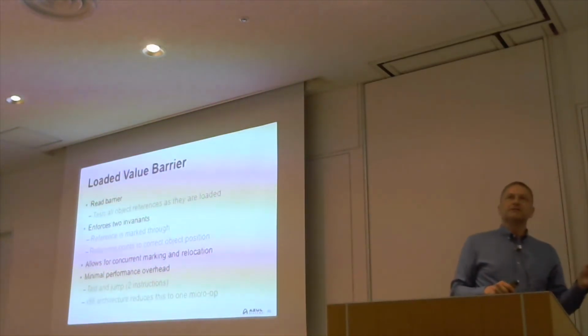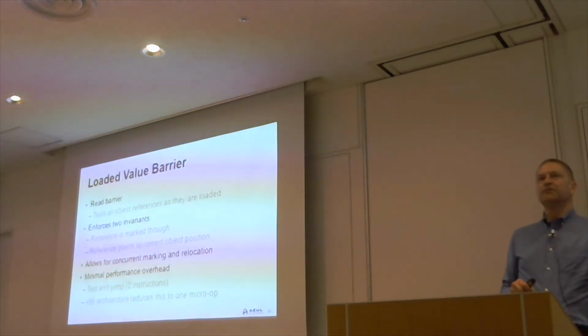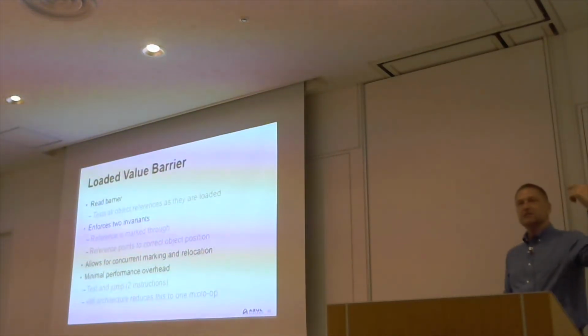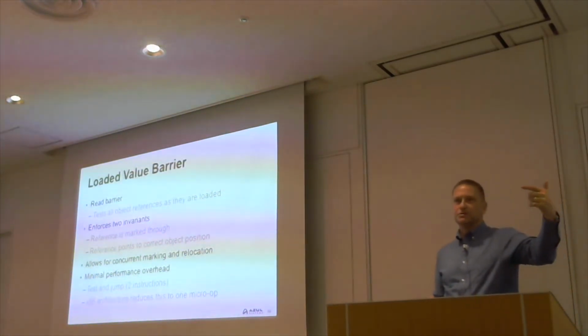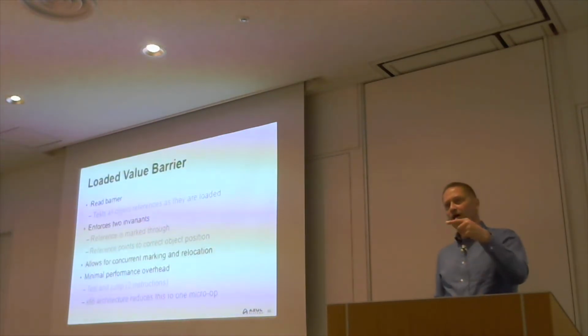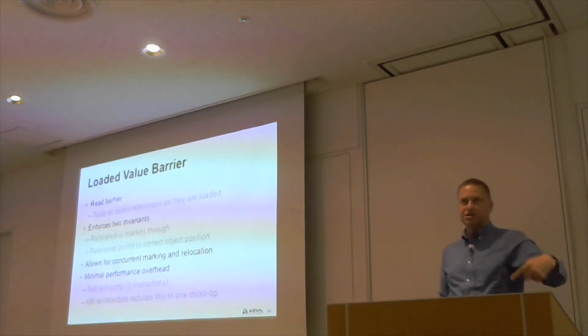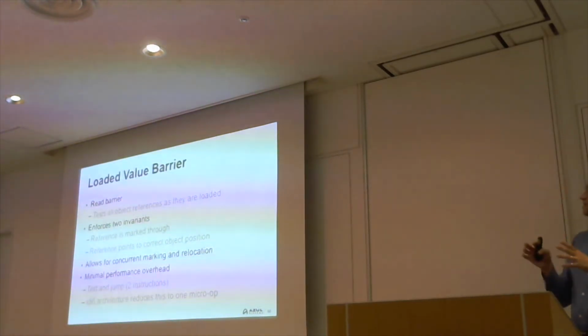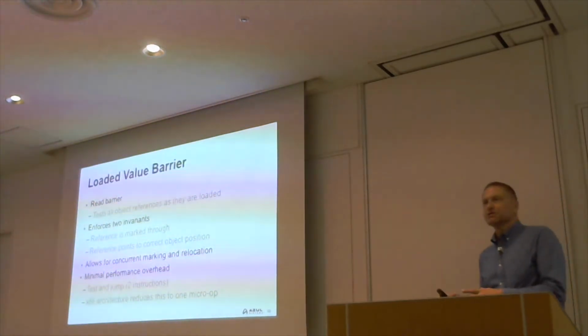The way we do it is by using some bits in the object header. And we can do a test and jump on those bits. So we look at a bit, we say, is that bit set? If it isn't, we jump to a handler. If it is set, we just continue because it's already processed. Nice thing about that is that's literally 2 instructions.